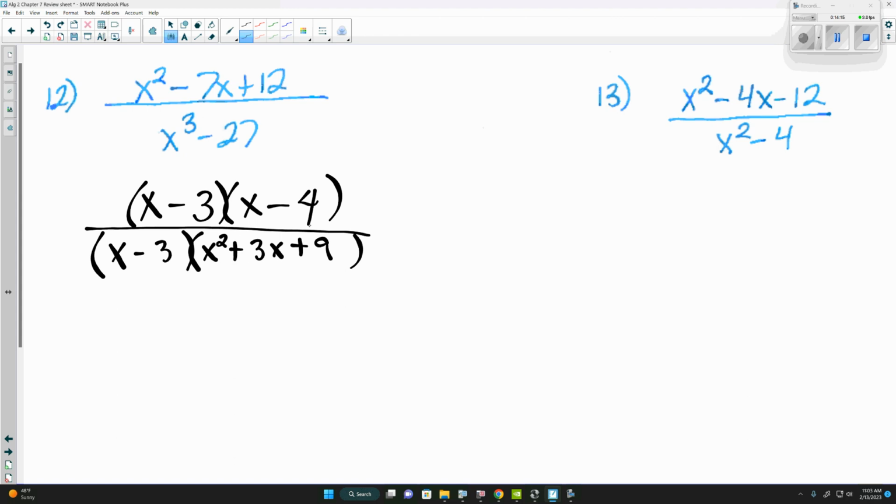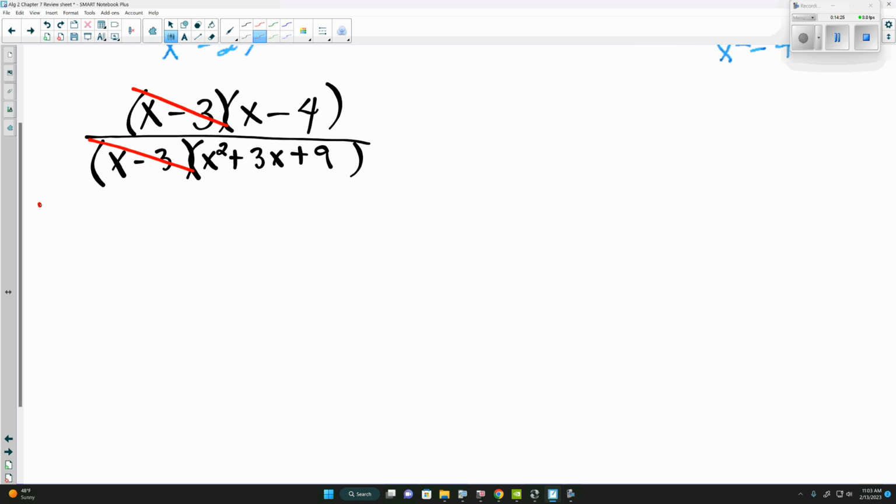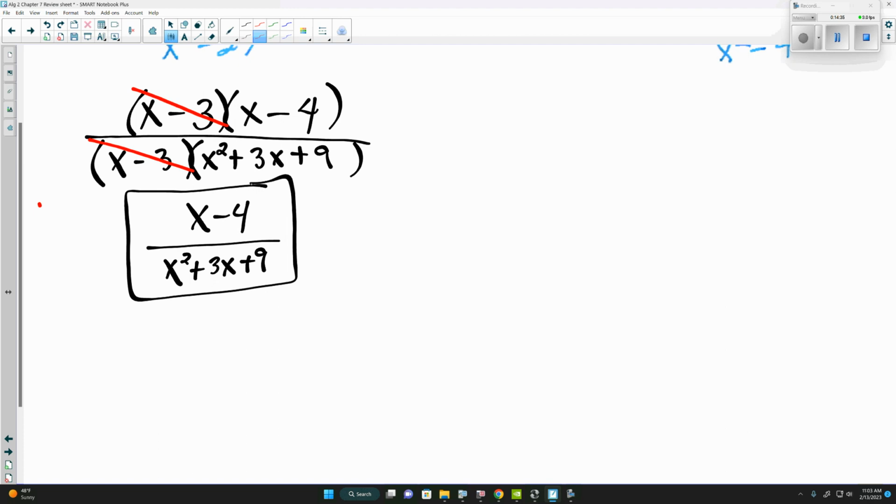Also, if it is 3 and 4, we do have something in common on top and bottom, which would cause the x minus 3 and x minus 3 to go away, leaving us with x minus 4 over x squared plus 3x plus 9. And that would be the final answer.